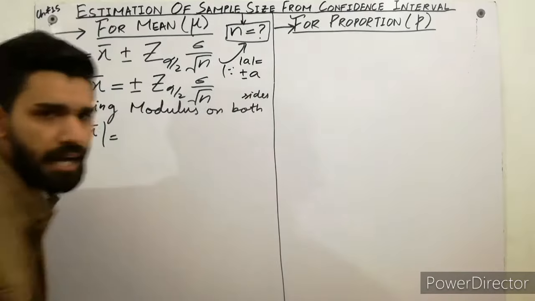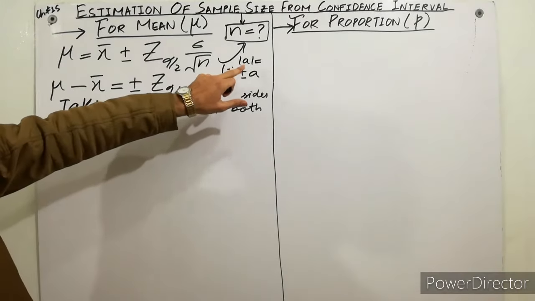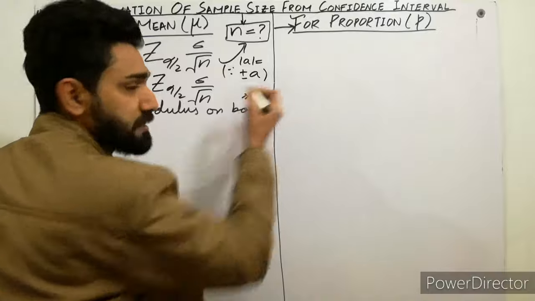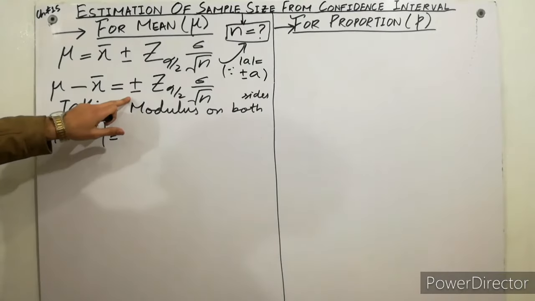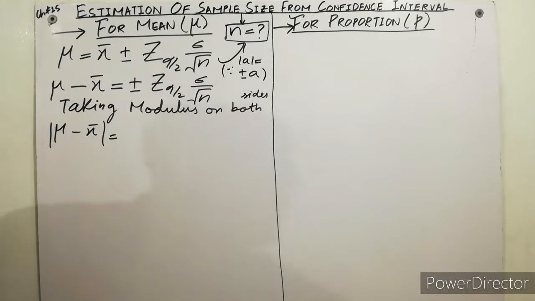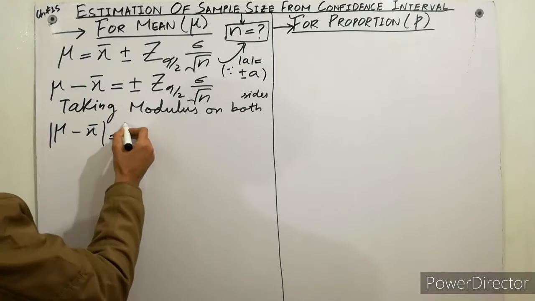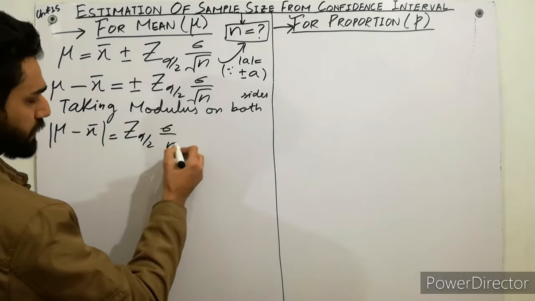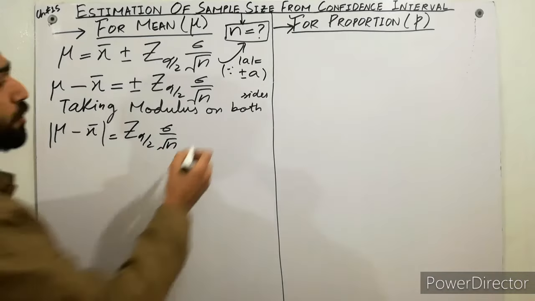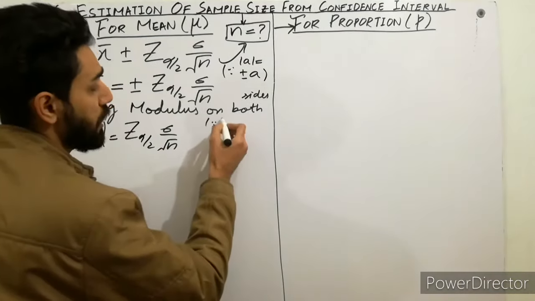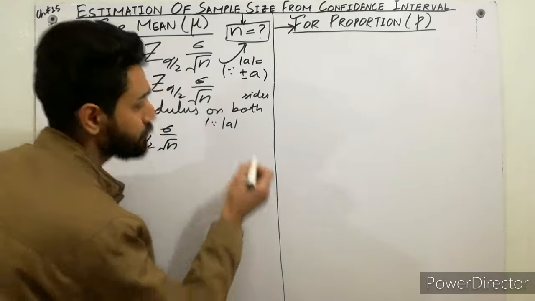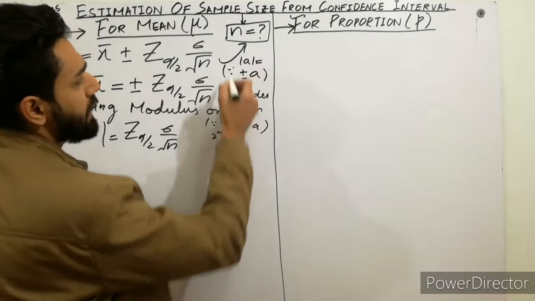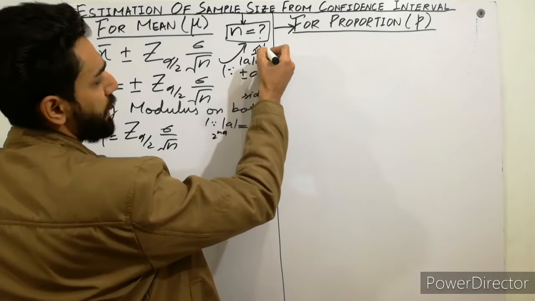Here it is already given plus minus, so on the right side just write modulus, which is simply z alpha by 2 sigma over square root of n, because modulus of a is also equal to plus a. So that's the second property.